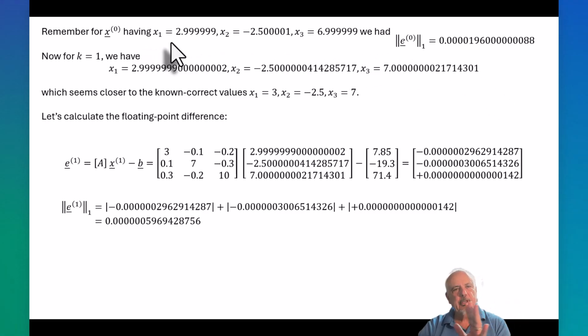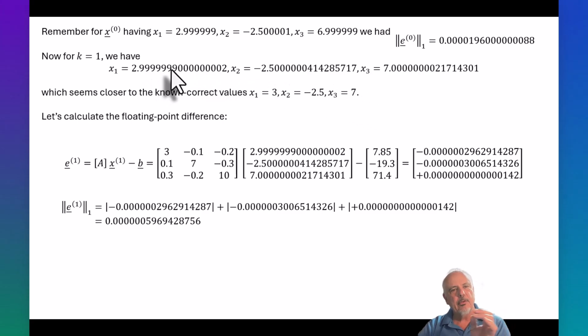Remember from previously at our 0 iteration with these values, we had a 1 norm of the error that looked like that. So let's see what it looks like now. If we bring in k equal 1, we're going to have our x1, x2, and x3 looking like that. Remember, we know that the true values are that.